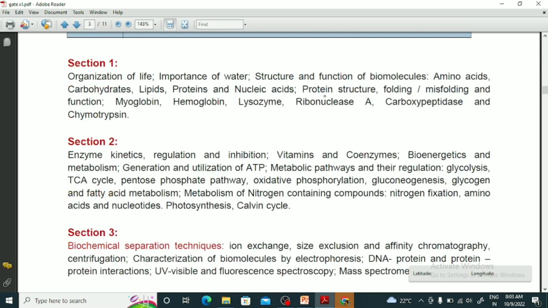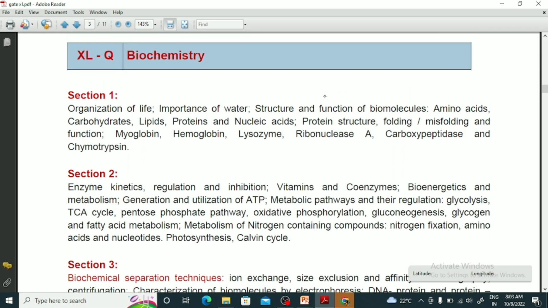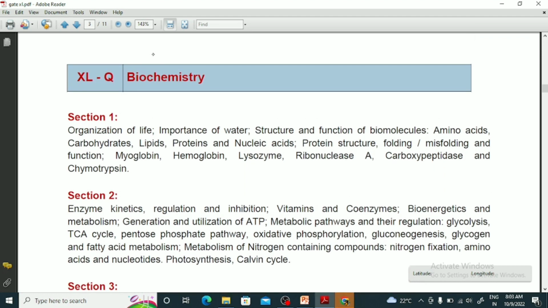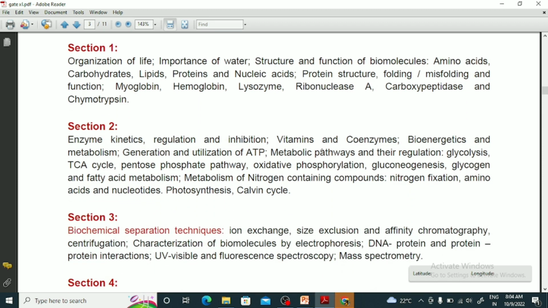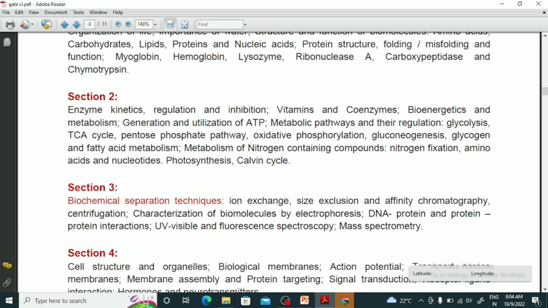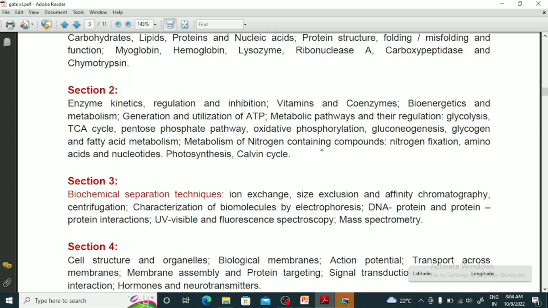We'll be discussing this particular section, XL-P, in the main manner. Next, XL-Q is biochemistry, in which section 1 focuses on proteins, nucleic acids, and protein structures like myoglobin, hemoglobin, etc. Then unit number 2 covers enzyme kinetics, its regulation and inhibition, and topics where we understand photosynthesis.